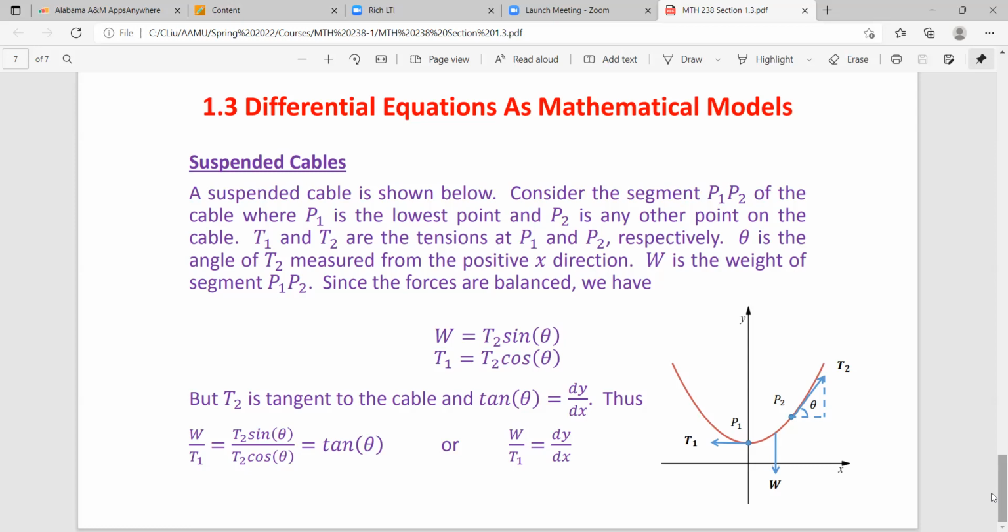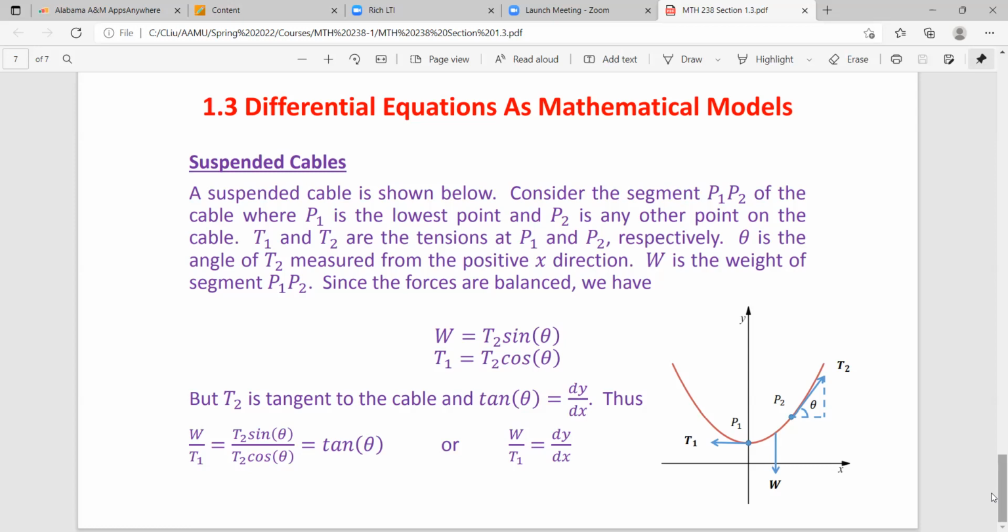It has two forces of tension from the rope itself, on the left and the right. We call them T1, T2. They are the tensions at P1, P2 respectively. T2 is upward, and T1 is horizontal, right? The tensions have to be tangent to the rope itself.